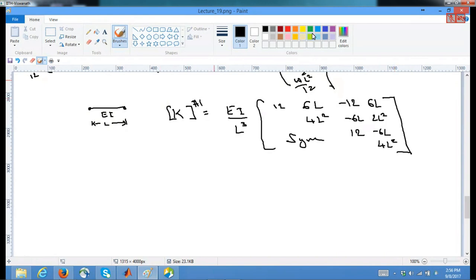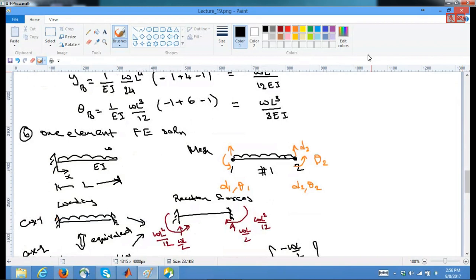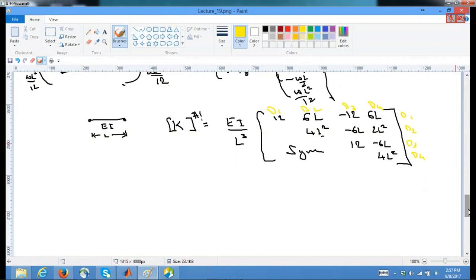Our degrees of freedom are D1, D2, D3, D4. So in this problem alone, our entire structure is made up of one single element.